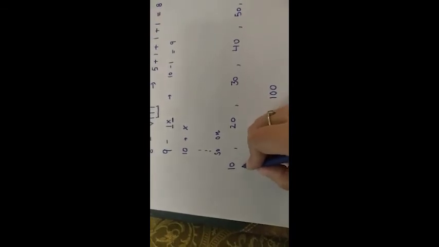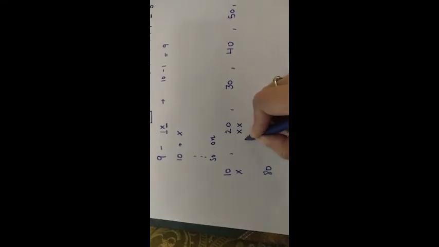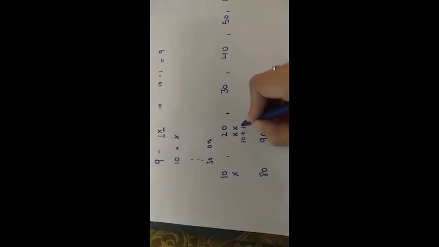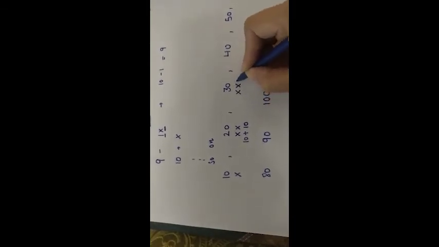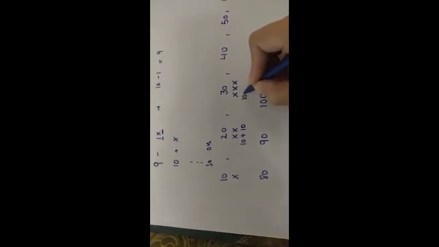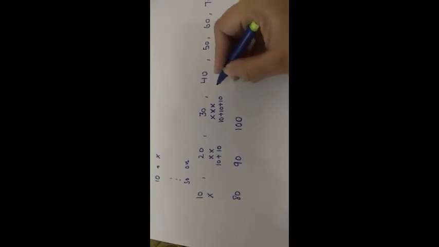How do we write 10? 10 is like this. Now 20, that is X X, 10 plus 10. How do we write 30? X X X, that is 10 plus 10 plus 10. Now you know you cannot repeat a symbol more than 3 times.